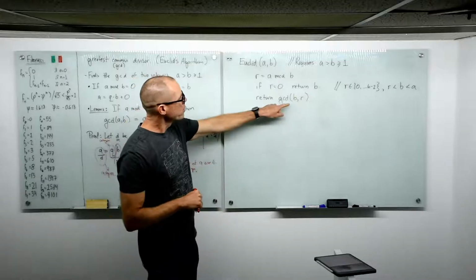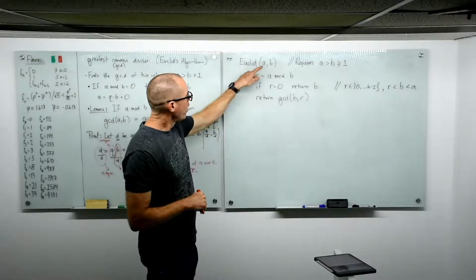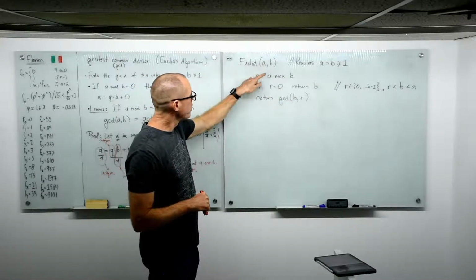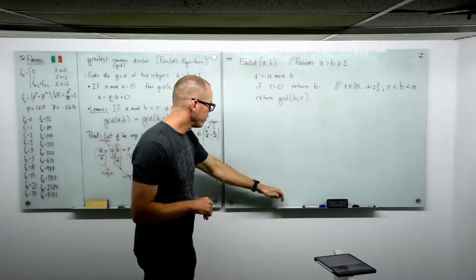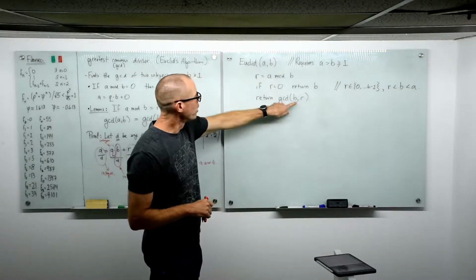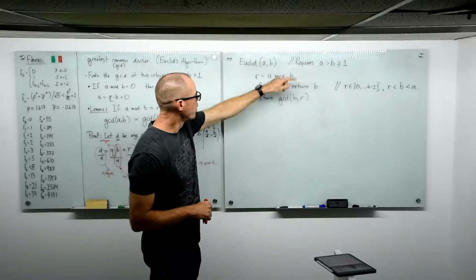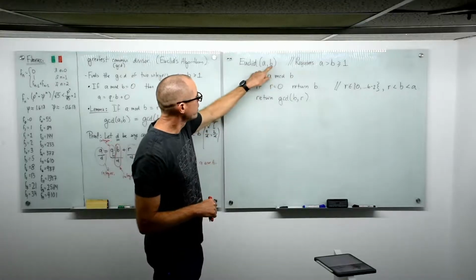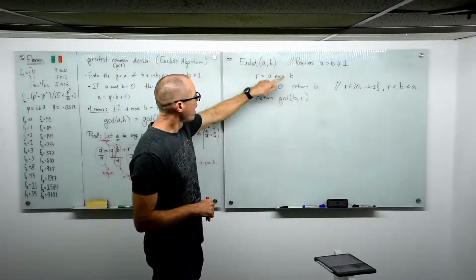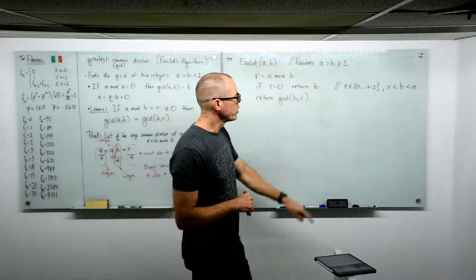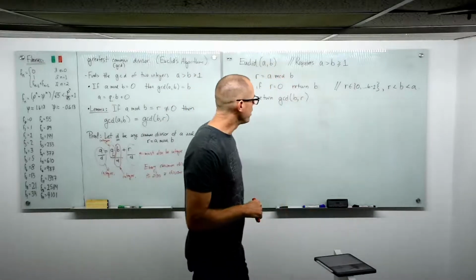So when I make this recursive call, instead of having the first argument I have something smaller. It's now B, which was smaller by definition. And instead of having the second argument being B, I have R here, which is smaller than B.